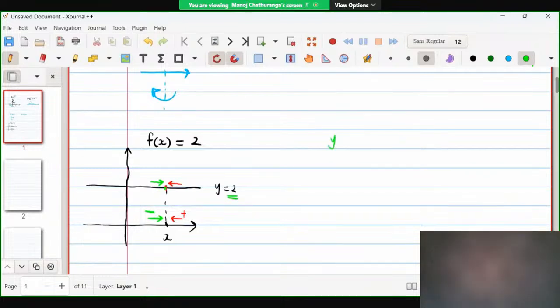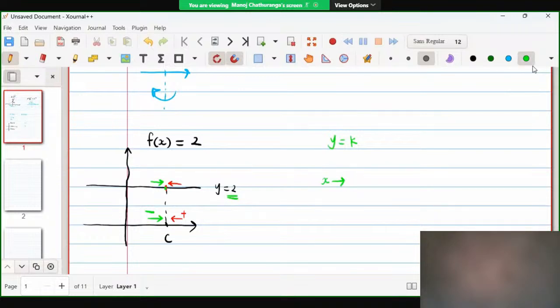So if you think about y equals k, as x goes to any c value, let me name it c.